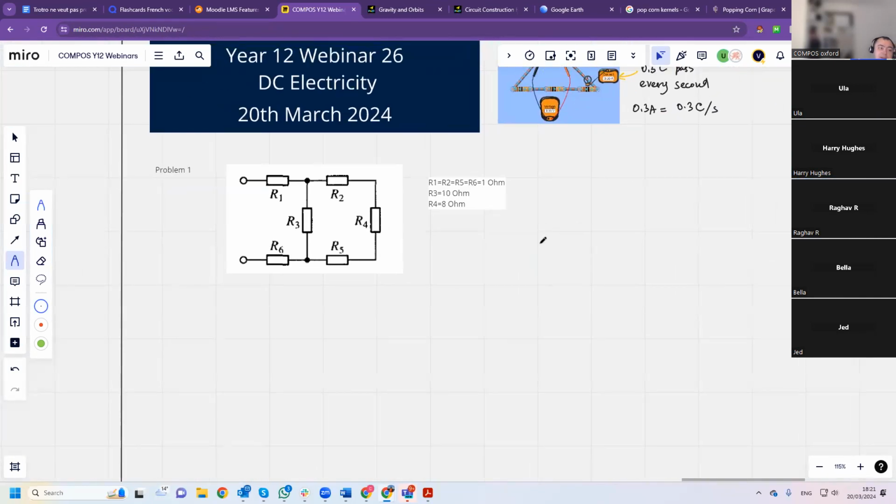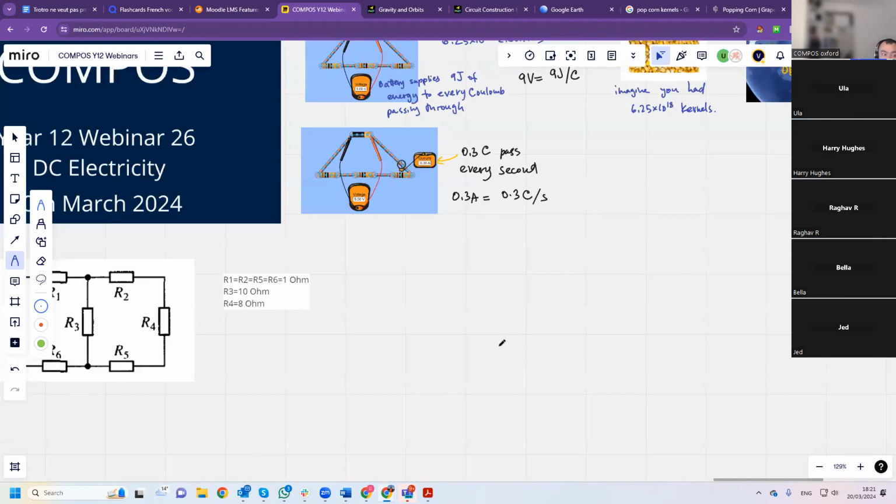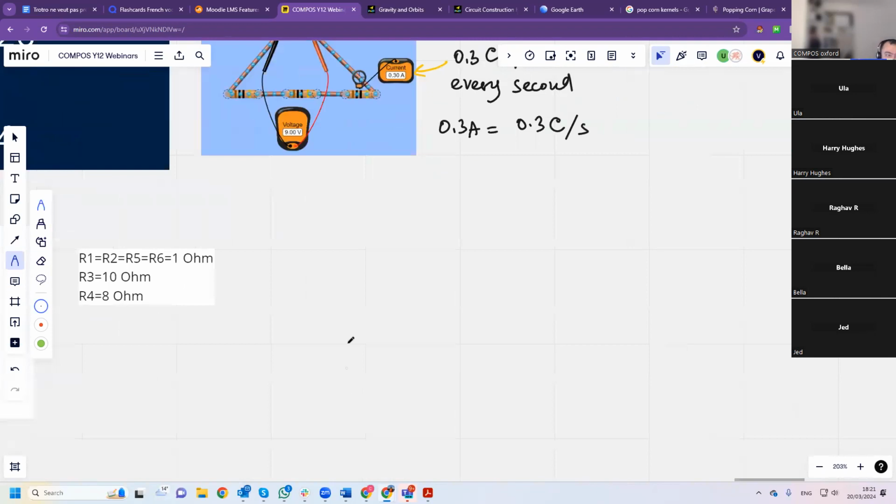So we start with some resistor networks. We know that in series, resistance increases. In parallel, resistance decreases. So in series, the total resistance is equal to resistance 1 plus resistance 2 plus resistance 3.